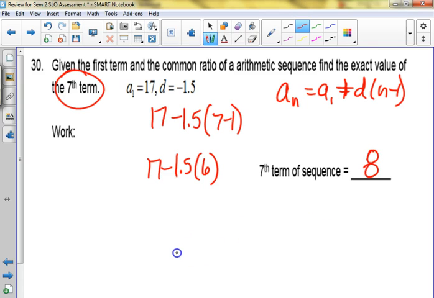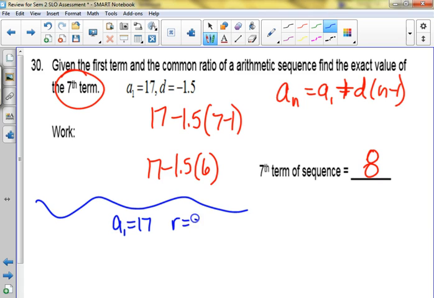Okay. What if I changed that question totally and said it was geometric and this was R, and I wanted the 7th term? 17 times negative 1.5 to the 7 minus 1, or 6th, right?